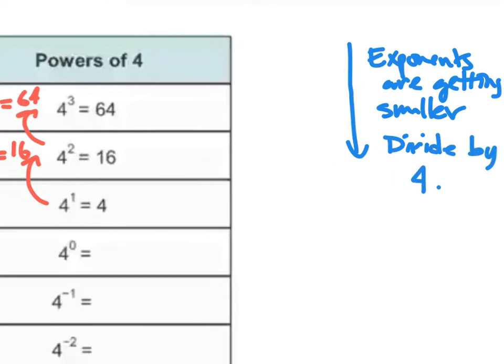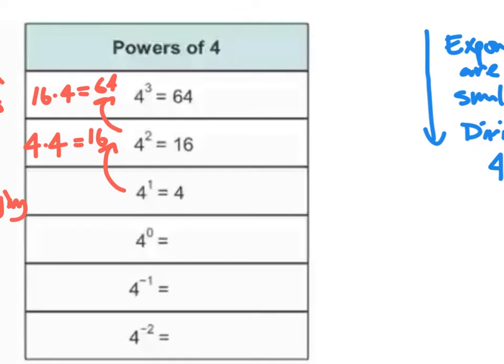So to go from this step to this step, I'm doing 64 divided by 4, which gives me 16. To get from this step to this step, I'm doing 16 divided by 4 to give me 4.